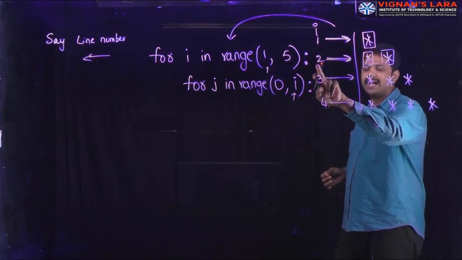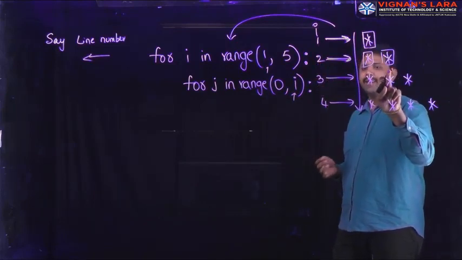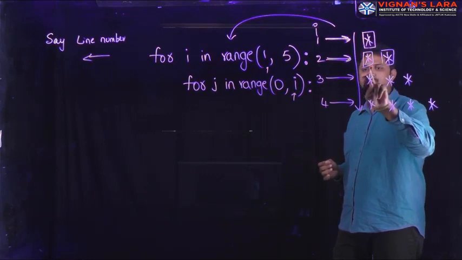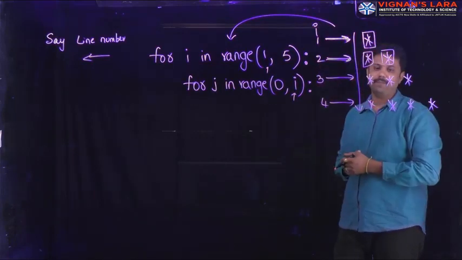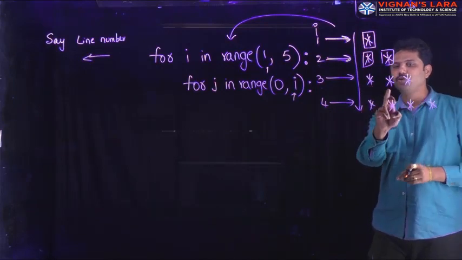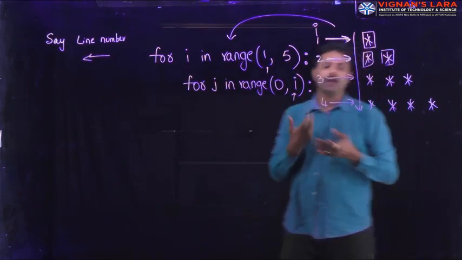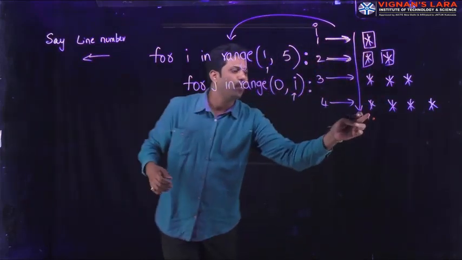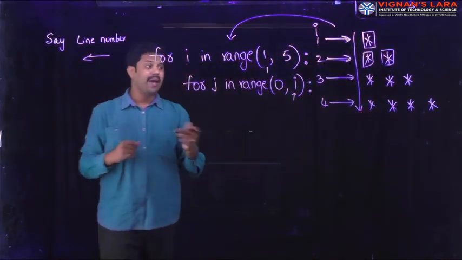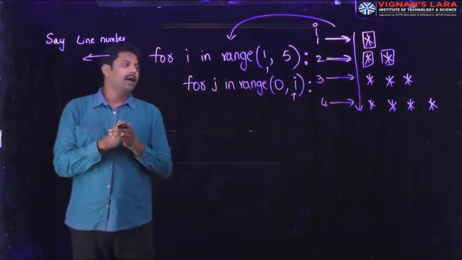For the second line, how many times? 2 times. That means the count of stars is equal to the line number. Here the count of stars is 1, 2, 3. Here the count of stars is 3, that means you are in the third line. If the count of stars is 4, you are in the fourth line. That's why you have to print up to the count of that line.